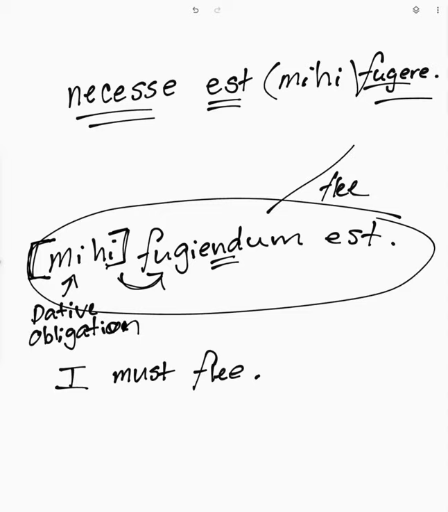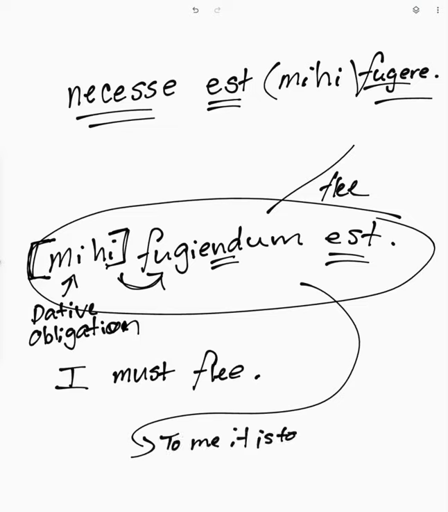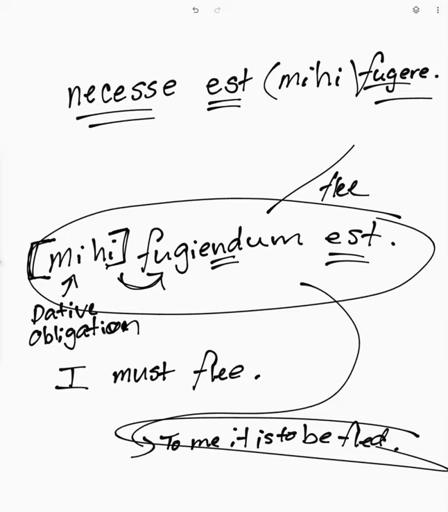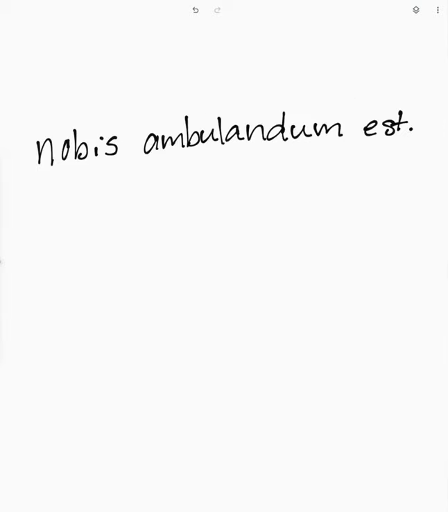Now, if you're going to ask me, well, what happens to this S? If you were to translate it literally, it doesn't make sense in English. It would be, to me, it is to be fled, is its literal translation. However, that is not grammatically correct in English. So we just translate it with your dative of obligation being your subject, the gerundive letting you know that it's something that you must do, and then the action. And that's how you translate a gerundive.